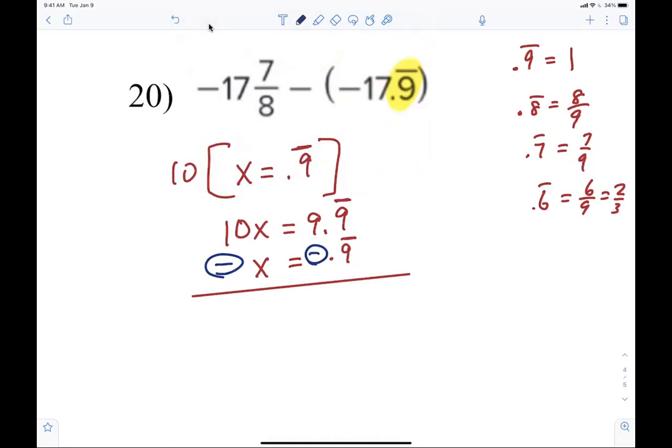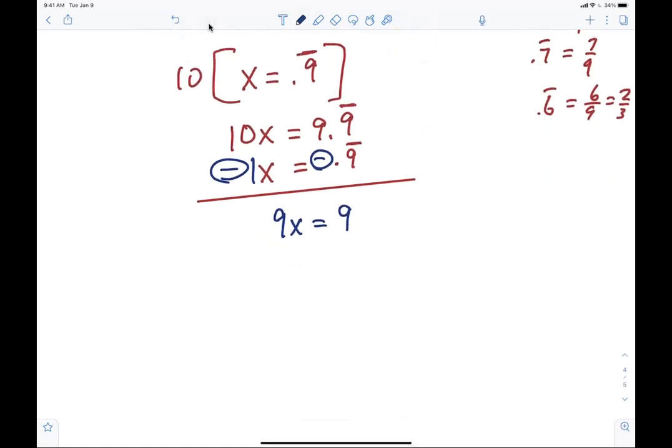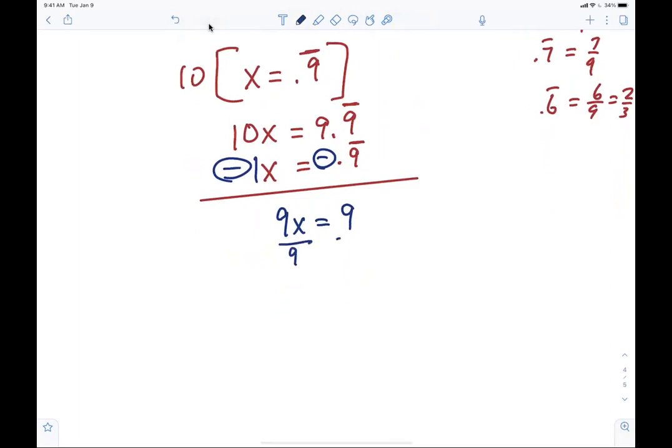So what's 10x minus 1x? 9x. Now here's what's hard. What's 9.9 repeating minus 0.9 repeating? 9.0. Now divide both sides by 9.